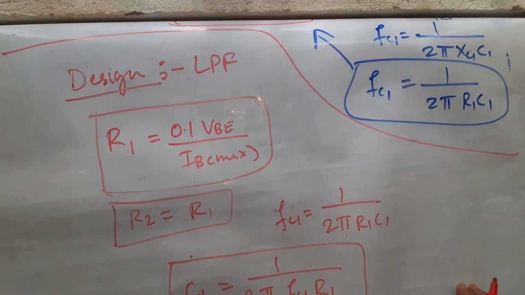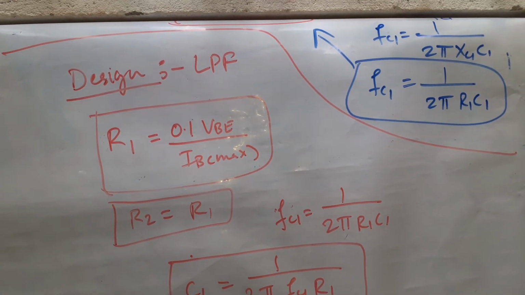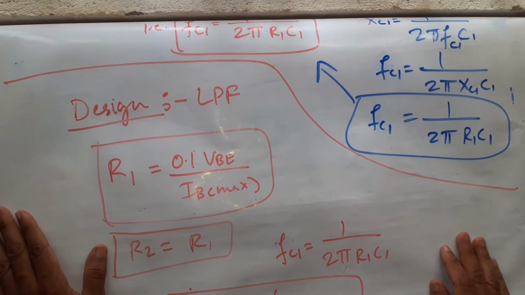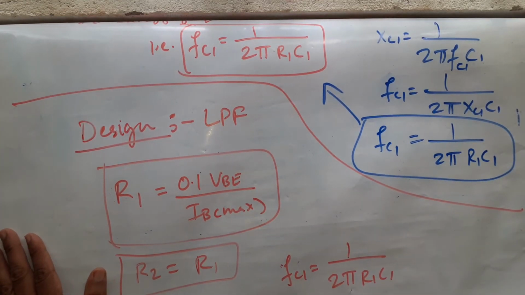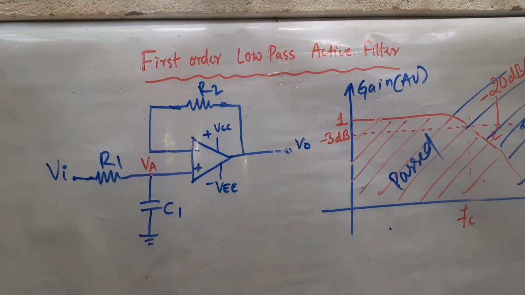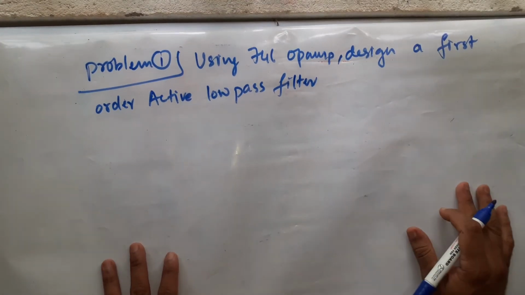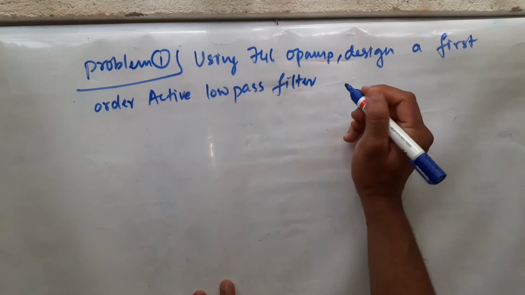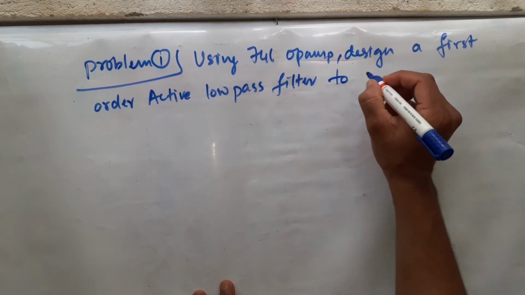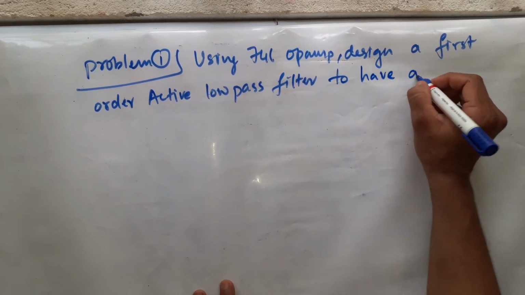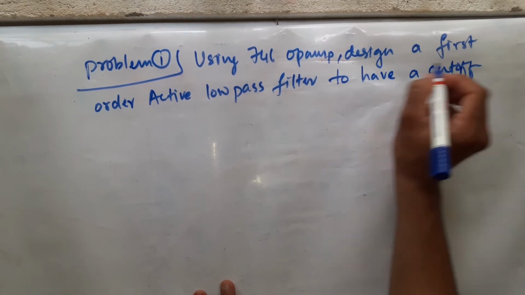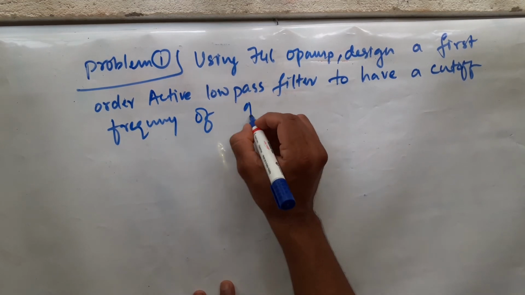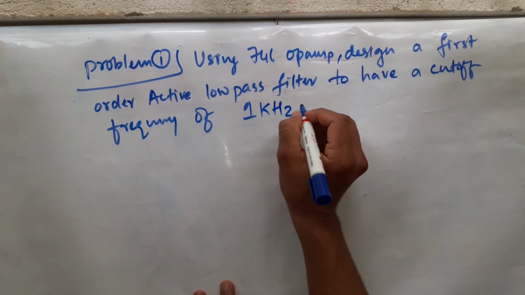Got it? So let us have one problem here on the same topic, which will give you a good idea about this filter. Okay, let me write the question. Yes, this is your question. Using 741 op amp, design a first order active low pass filter to have a cutoff frequency of 1 kilohertz.